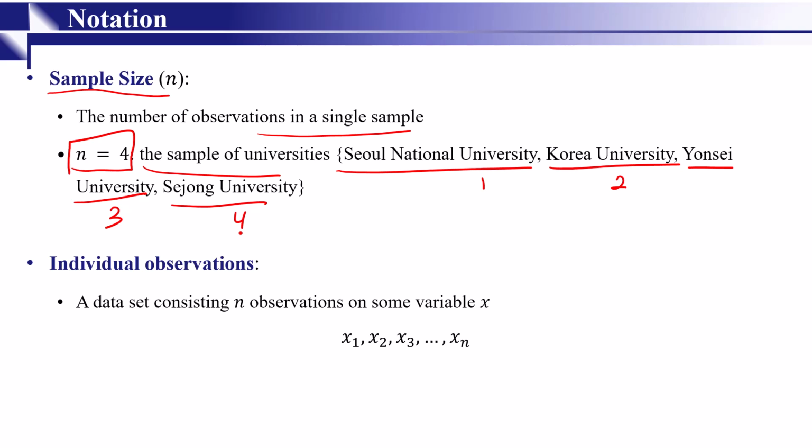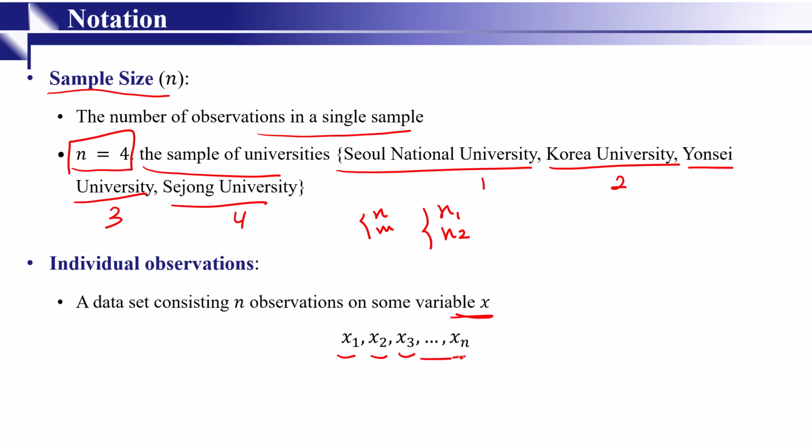If two samples are under consideration at the same time, we may use n and m for them, or we may use n1 and n2. Given a data set consisting of n observations on some variable x, the individual observations will be denoted by x1, x2, x3 to xn.